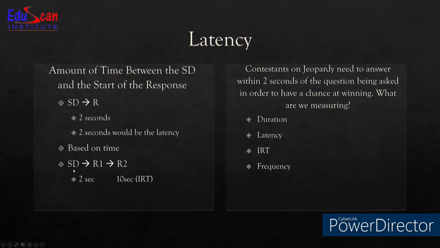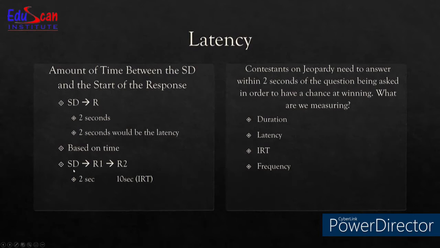Now, you give an instruction, response 1 occurs, and then response 2, and then probably response 3. SD to response 1 is 2 seconds, that is latency. But response 1 to response 2 is 10 seconds, and that is called inter-response time.